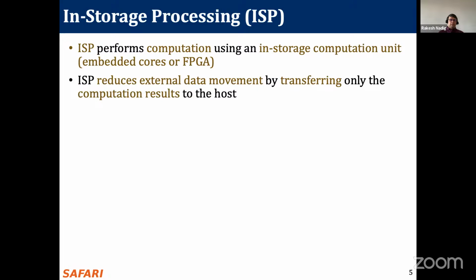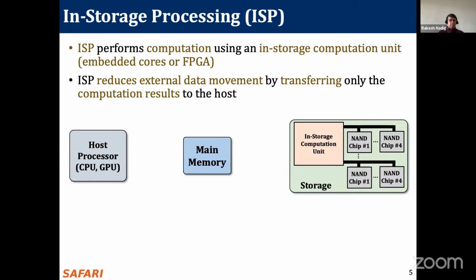This is done by transferring only the computation results to the host. Let's look at a similar figure like we saw earlier, with a host processor, the main memory, and the storage unit, but now we see the internals of the storage unit, where we have an in-storage computation unit and several NAND flash chips connected to this unit using shared channels.